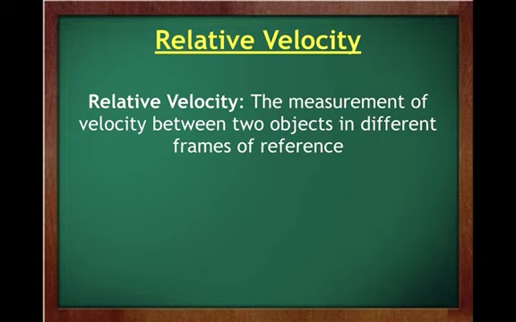One frame of reference, and that's how we've been able to assign things as positive or negative, or determine velocities or speeds. But often there's a situation where you're actually dealing with two different frames of reference at the same time.